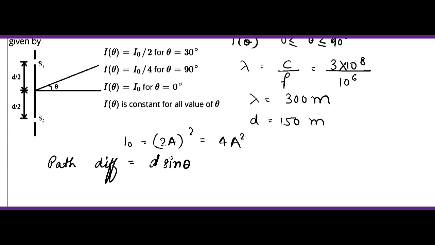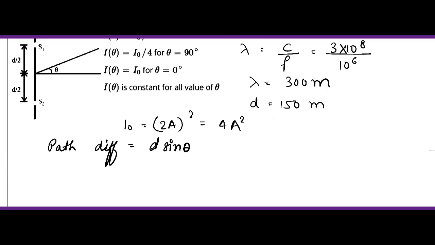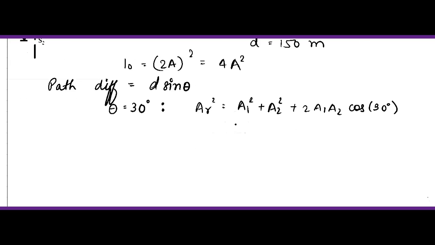We are given different situations, so what are the intensities? For theta equals 30 degrees, we can say A_R square equals A1 square plus A2 square plus 2 A1 A2 cos 30 degrees.